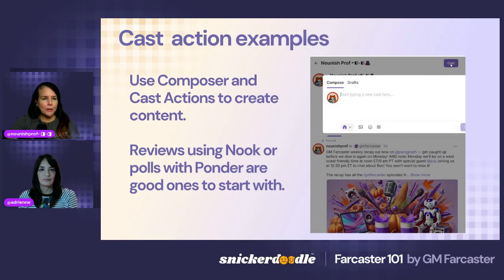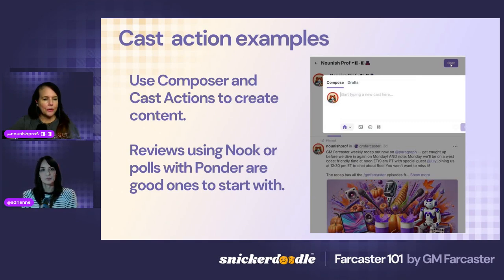Also, something to think about here is cast actions or composer actions. So this is a way to create a cast using existing apps that are built into the cast interface to be able to cast some content.